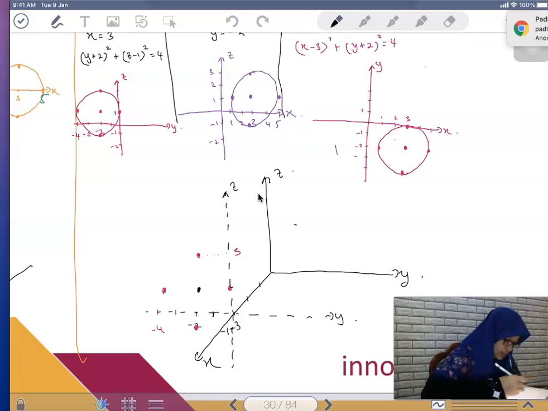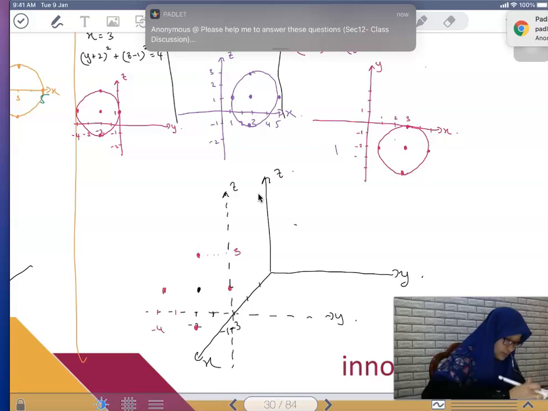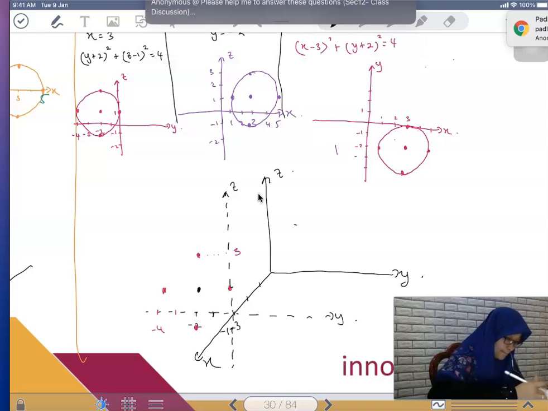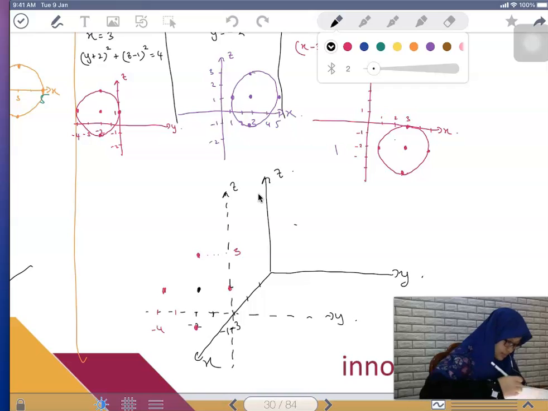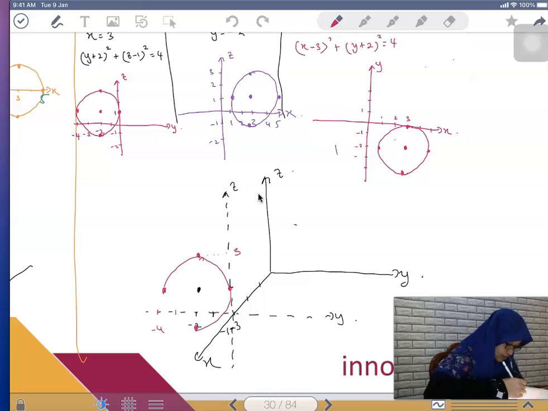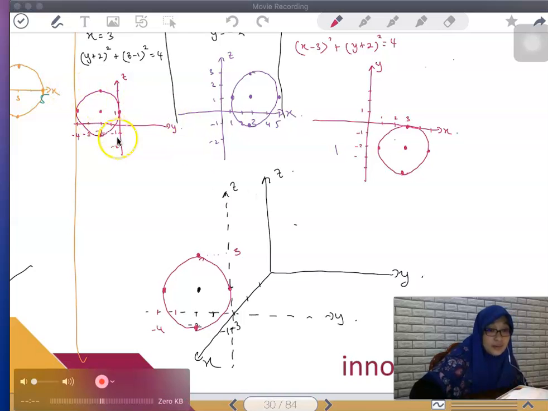Minus 1. Okay. So now you draw the line, the circle here, which is actually this circle on x equal to 3. Okay, this is at x equal to 3.